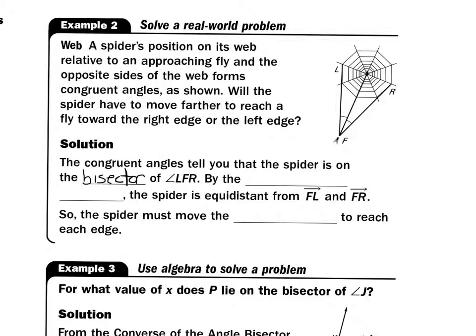So by the angle bisector theorem, the spider's equidistant from FL and FR. So the spider must move the same distance to reach each edge.